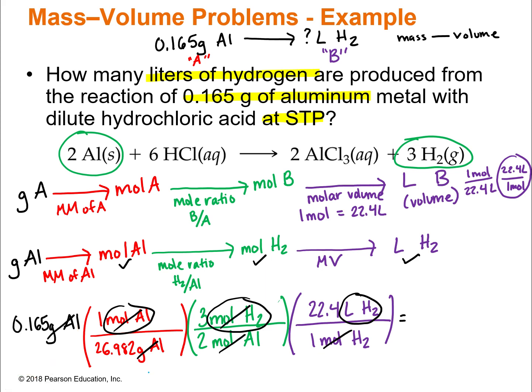To put this into your calculator, 0.165 divided by the molar mass of aluminum. I'd use parentheses there. Then your mole ratio, 3 divided by 2.